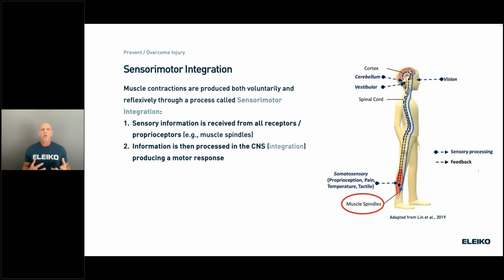That's like, what motor units or muscles am I going to activate, and to what degree, in order to produce a movement? Extremely important. The keynote: we move based on feedback received from our receptors, especially the proprioceptors, especially the muscle spindles, okay?